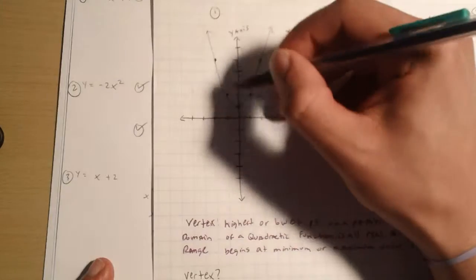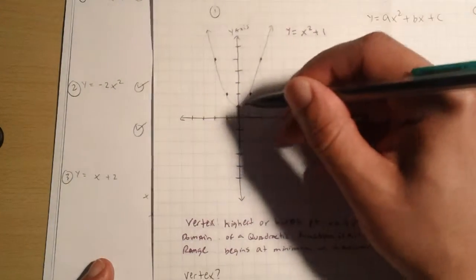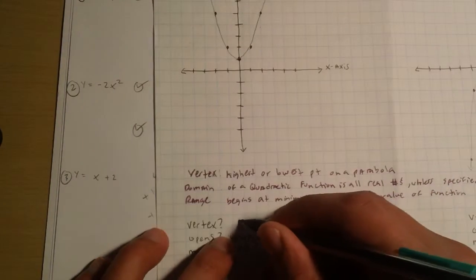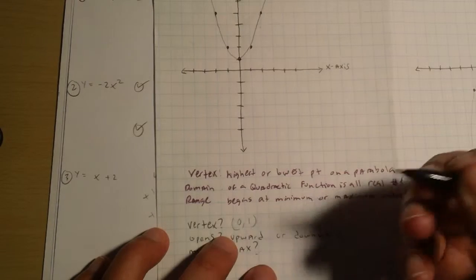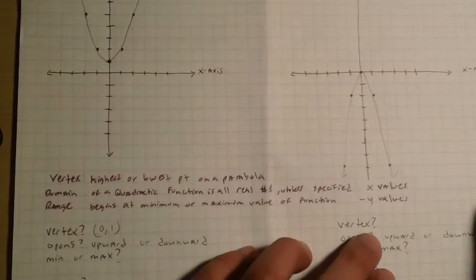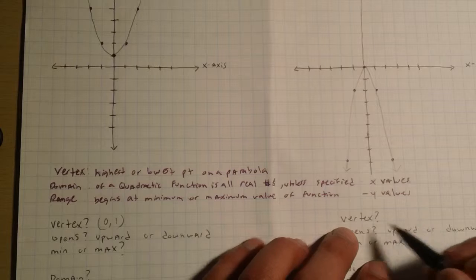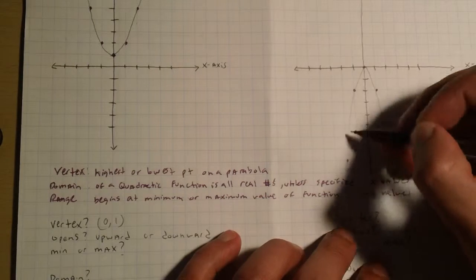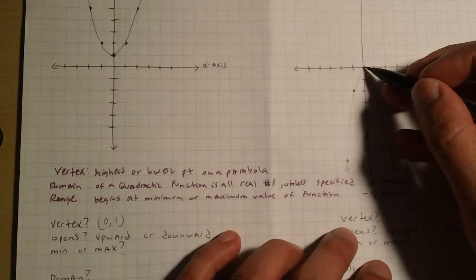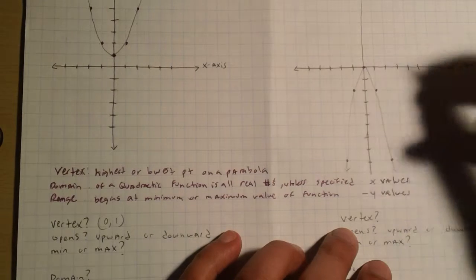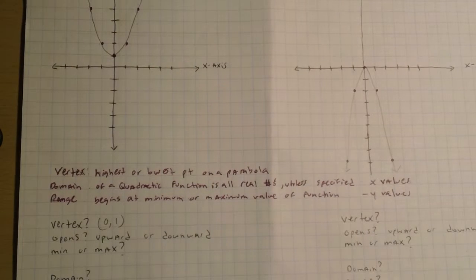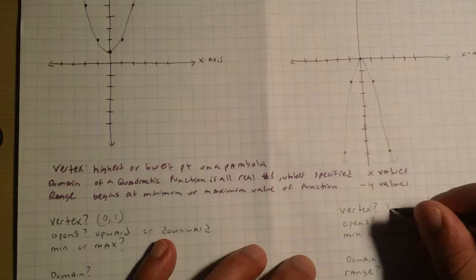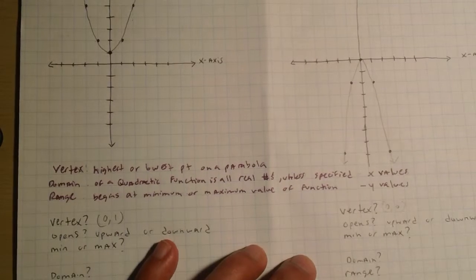The point here in our parabola will be 0, 1. And our vertex for our second parabola here will be 0, 0 at the origin. 0, 0. Okay.